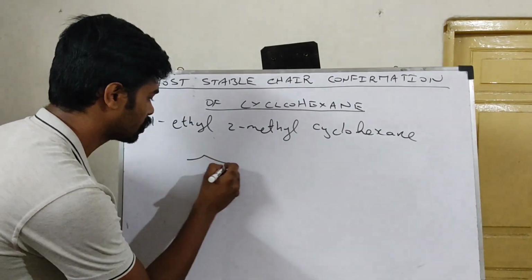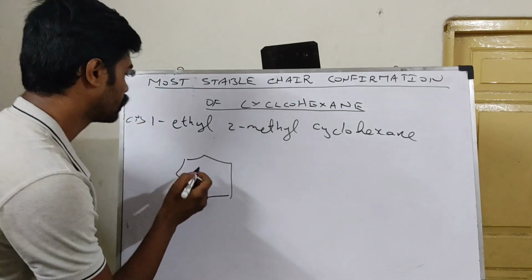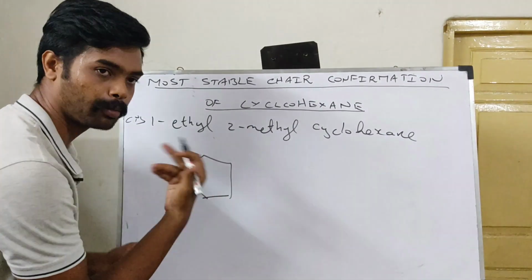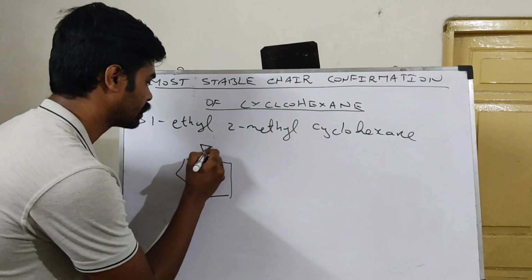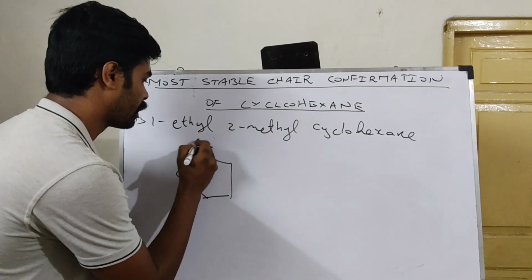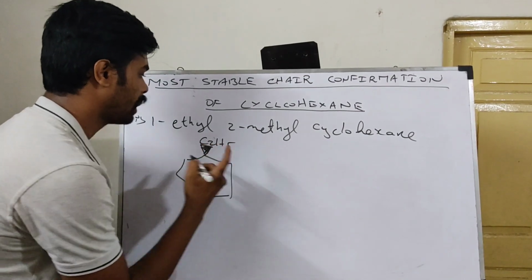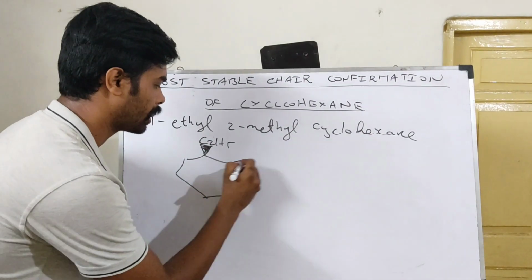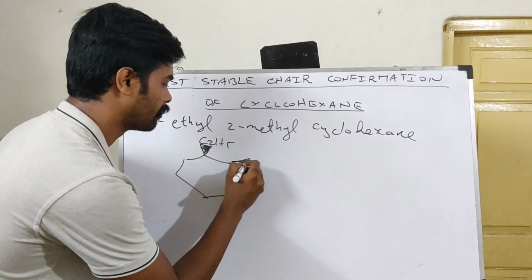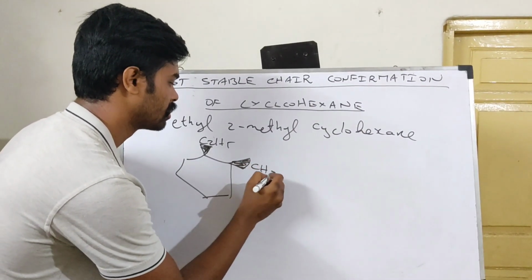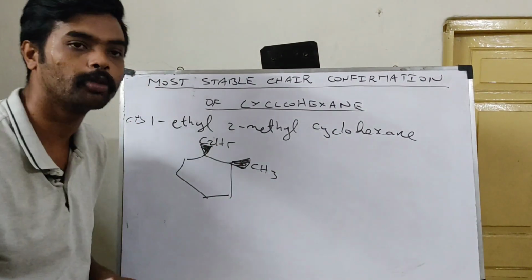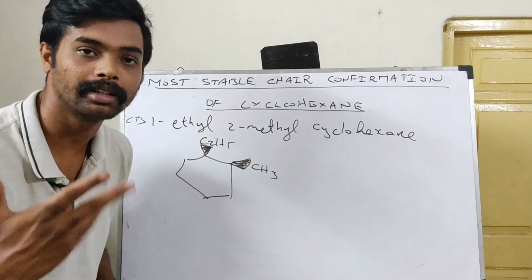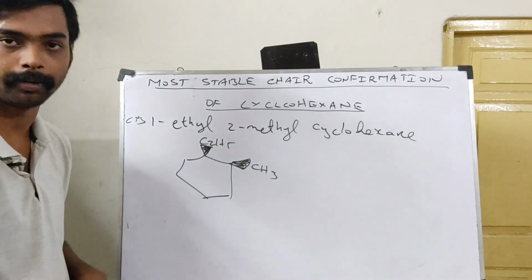So the planar structure will look like this. It's cis, so hope you understood, either both pointing away or both pointing towards you. Say I put the ethyl group pointing away, C2H5, and since it is cis, in the second carbon atom also I need to have the wedge with a CH3. So this is how cis 1 ethyl 2 methyl cyclohexane looks in the planar form, right?